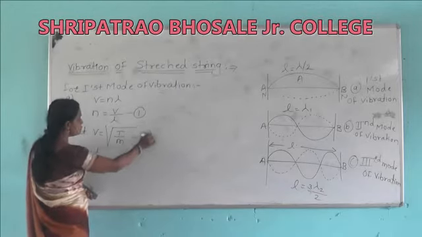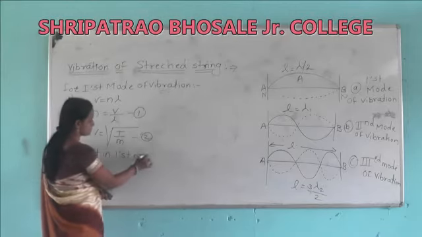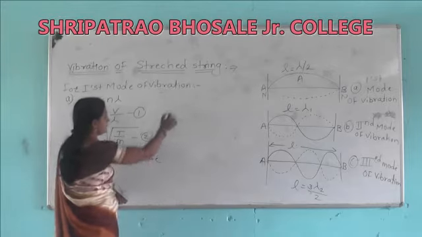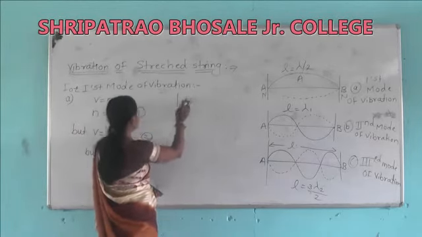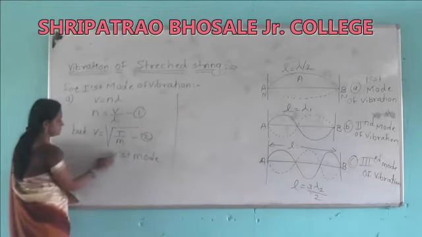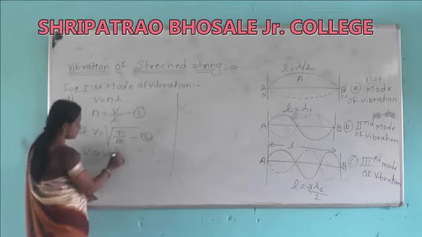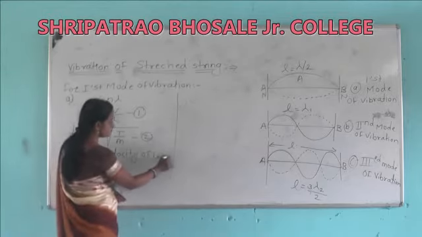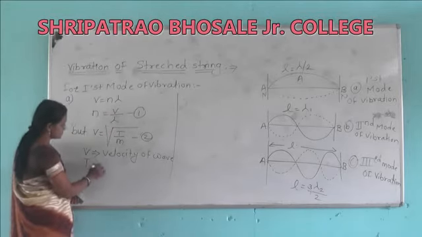Say this is equation number 2. In the first mode, here T is the tension, and V is the velocity of the transverse wave. T is the tension in the string.